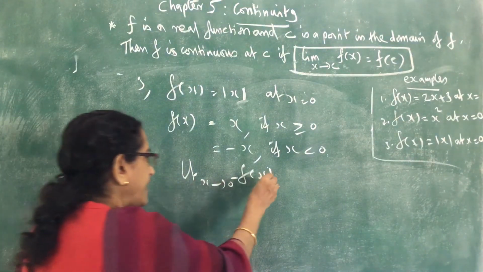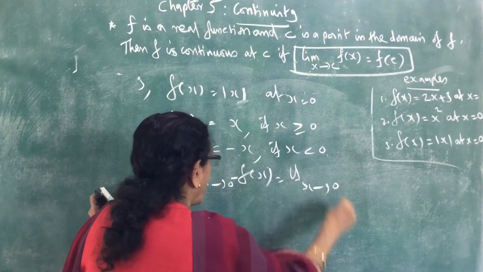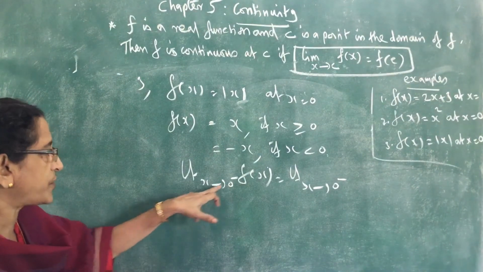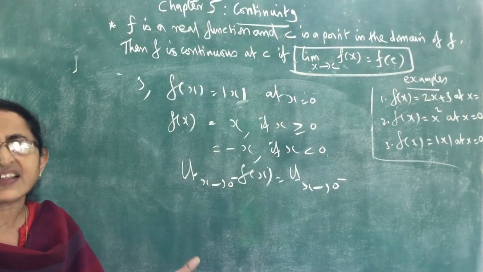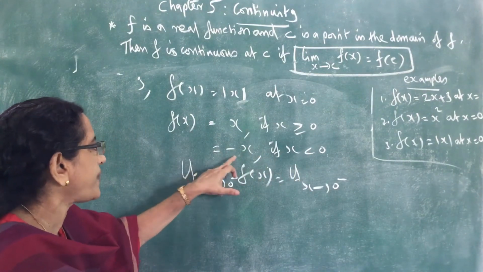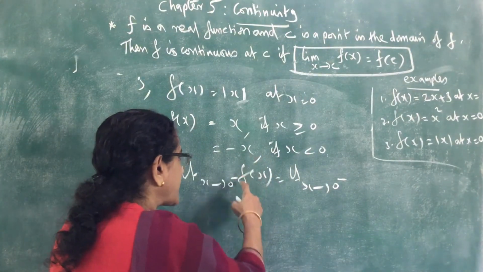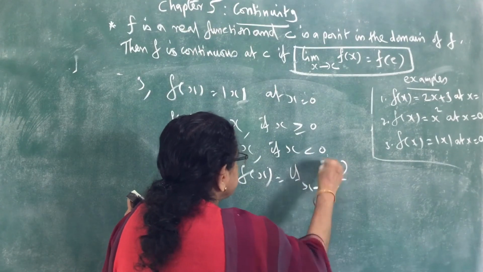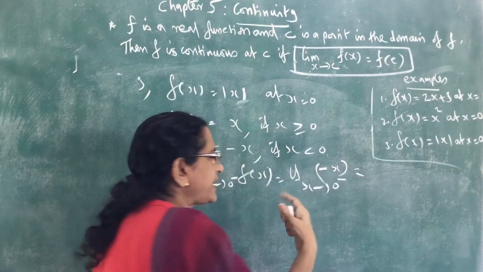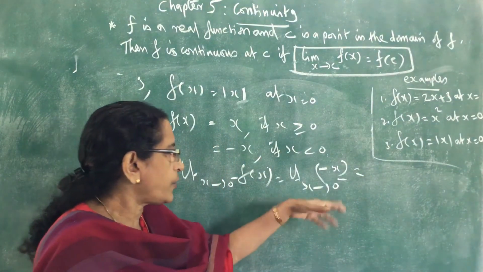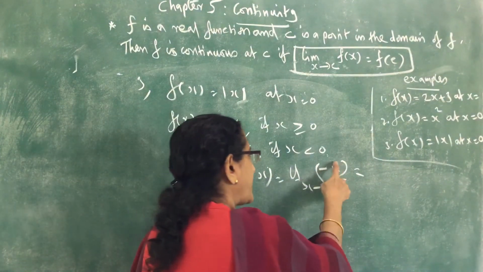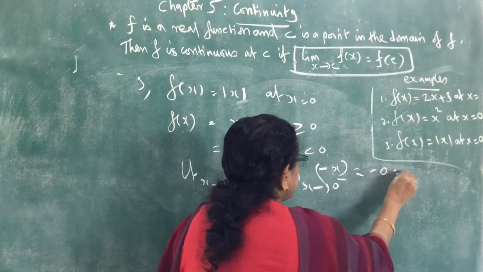Now when x is less than 0, what is f of x? f of x equal to minus x. So in the place of f of x, we write minus x. Now we can apply the limit, just put x equal to 0. No need to think about 0 minus, only substitute x equal to 0. So minus 0 equal to 0.